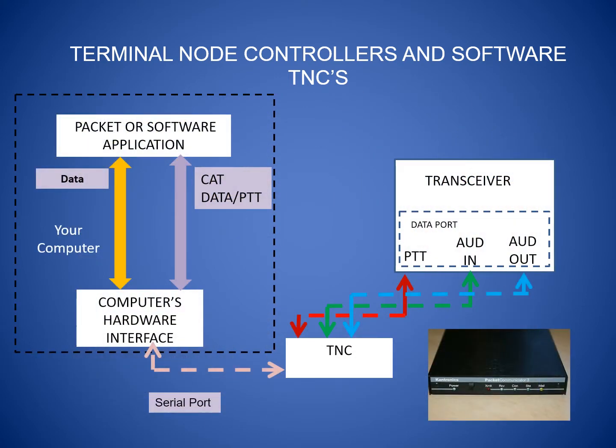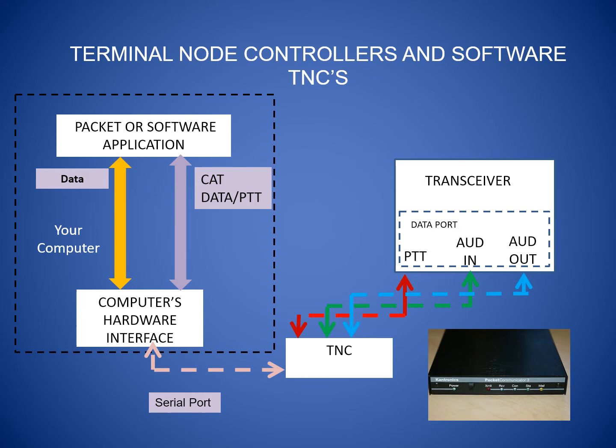In this first slide, we see the original TNC as an external device. It takes the packet or software application information and sends that data along with push-to-talk to the computer hardware interface, which happens to be the serial port. And that serial port connects to the TNC in a bidirectional connection, and this TNC takes that data, encodes the audio, and sends it out through the radio, and also pushes to the push-to-talk on the radio, and it transmits the information.